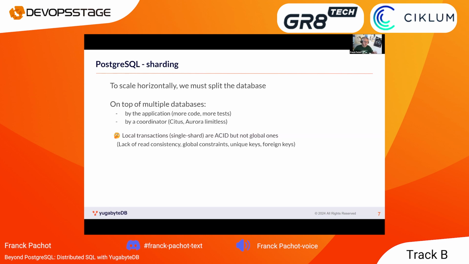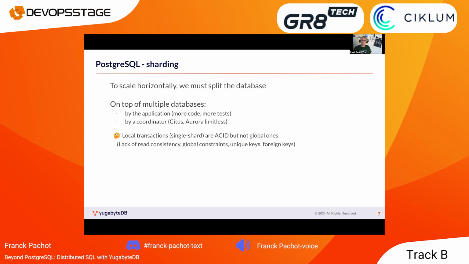So you have a transaction that touches only one customer, it goes to a single shard, and that works. You go through a coordinator, but then you are on a single Postgres node. The problem is when you have cross-shard transactions, just because your queries are a bit more complex.